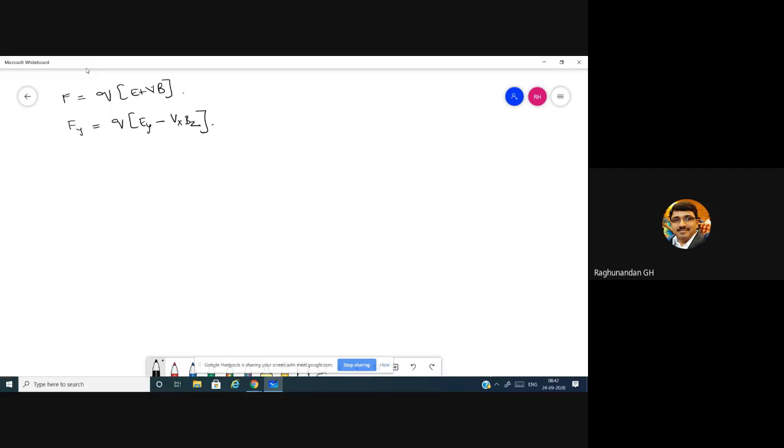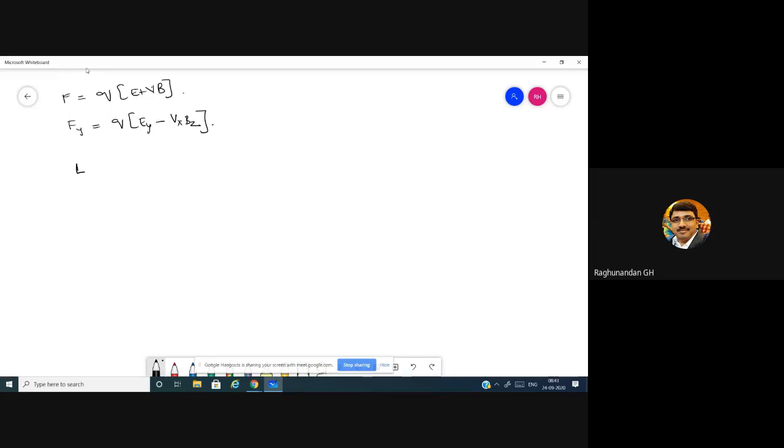Now, to maintain a steady state flow of holes along the length, we have seen that the length of the bar is L. So along the length L, if you want to maintain a steady state flow of holes, then Ey must be balanced.